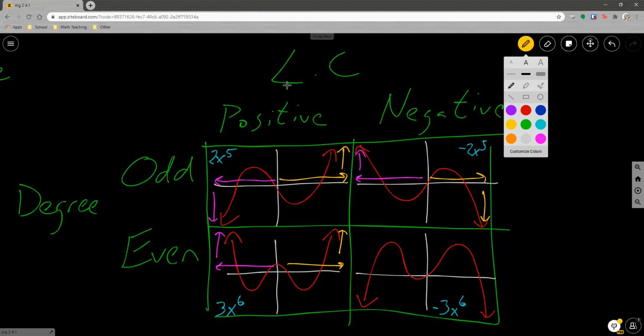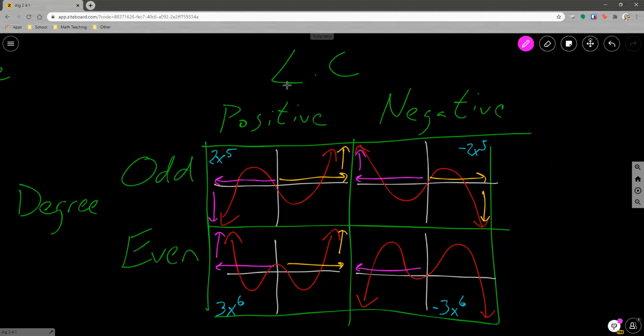And then finally, with an even degree and a negative leading coefficient, as my x value goes towards negative infinity, my f of x goes towards negative infinity, or as x goes towards positive infinity, my f of x goes towards negative infinity as well.